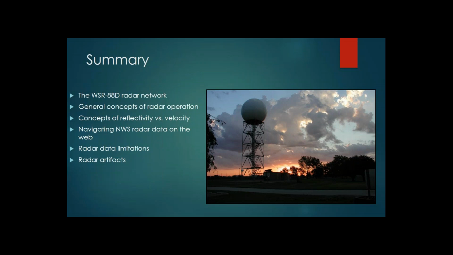We then moved on to navigating weather service radar on the web and how to access that information, and also talked about important radar data limitations when you're looking at radar data, especially in those lower elevation scans, where a lot of that imagery is either blocked or partially contaminated by low-lying objects. As we touched on that, we moved on to the radar artifacts, mainly things like ground clutter.